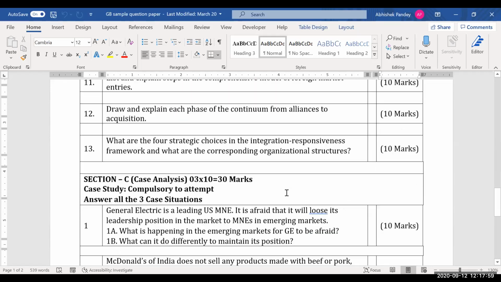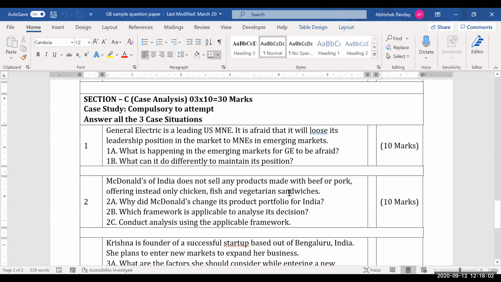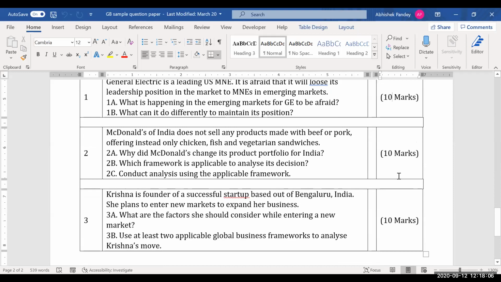For case studies, you have to use everything that you have learned in global business, and you have to explain. These would be very open-ended questions. You can use anything from global business. It's like a why and how everything combined, what framework to use, how to respond. Something is completely up to you.